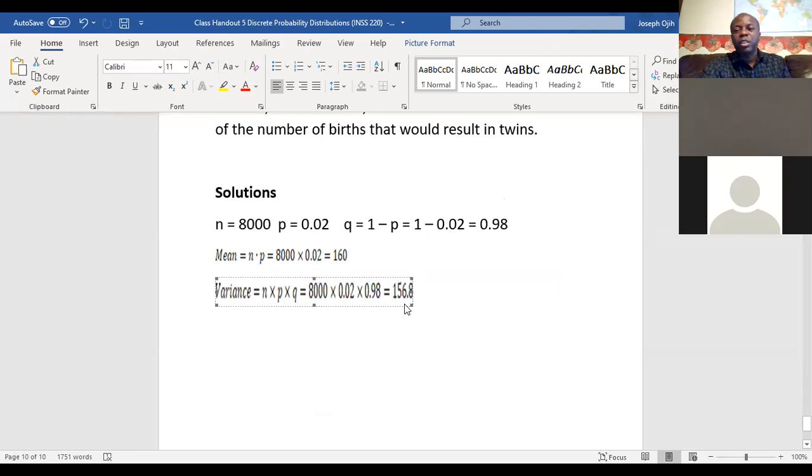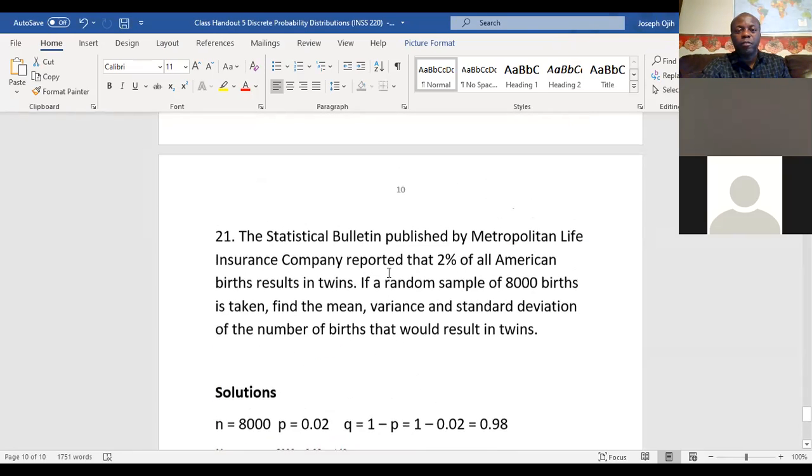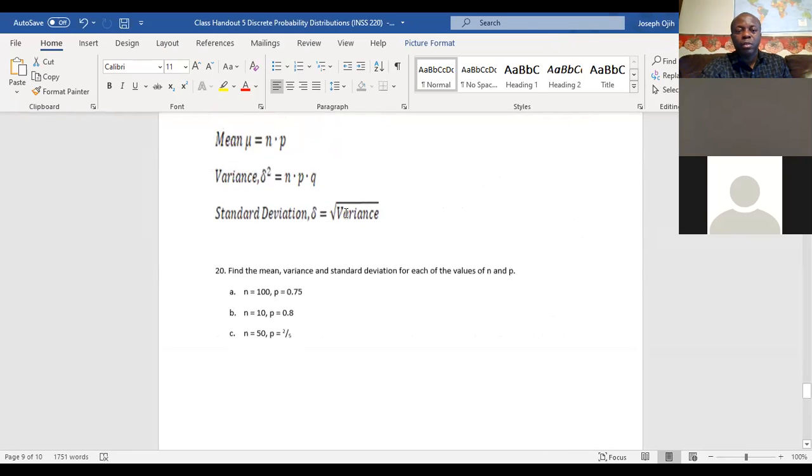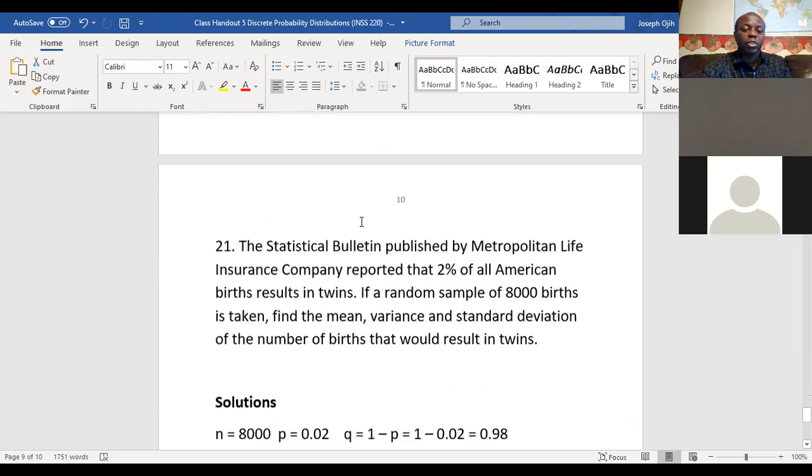And the standard deviation will be the square root of that. The square root of the variance will give us the standard deviation.